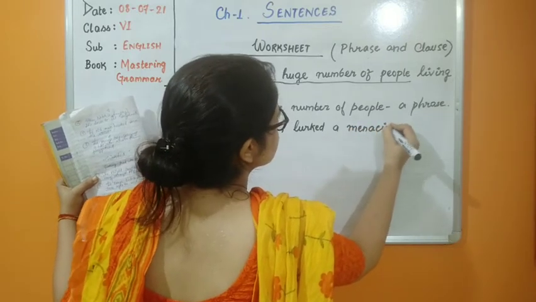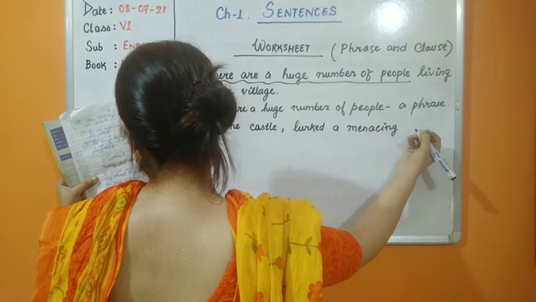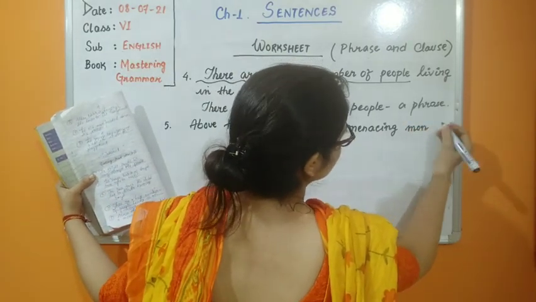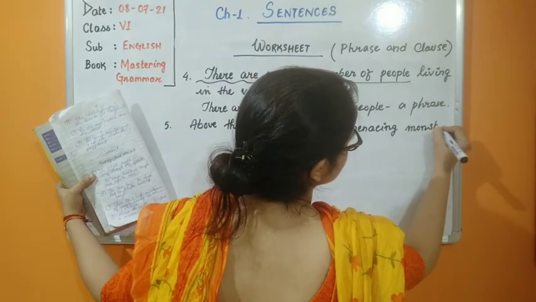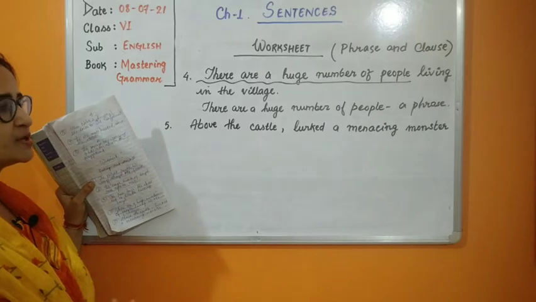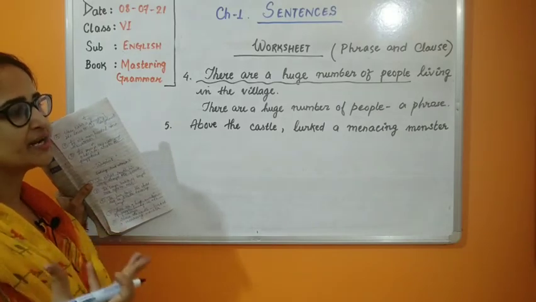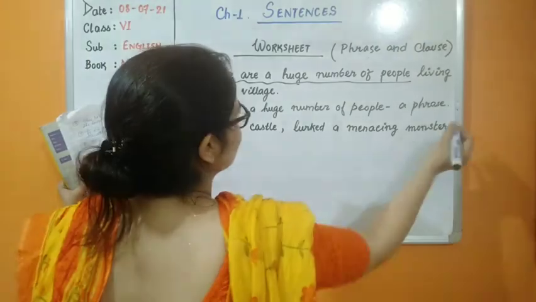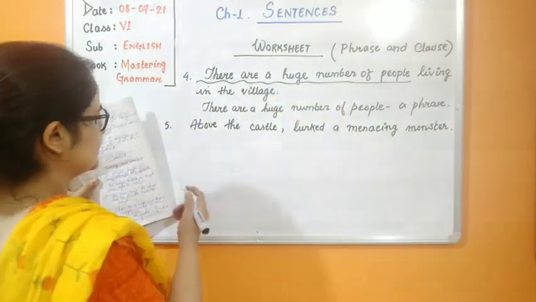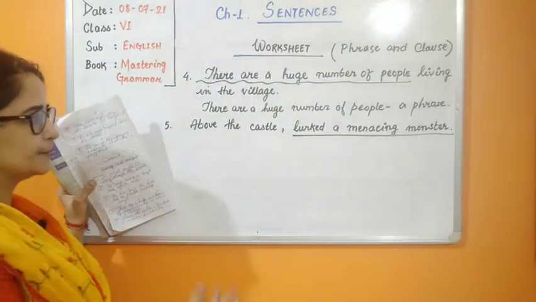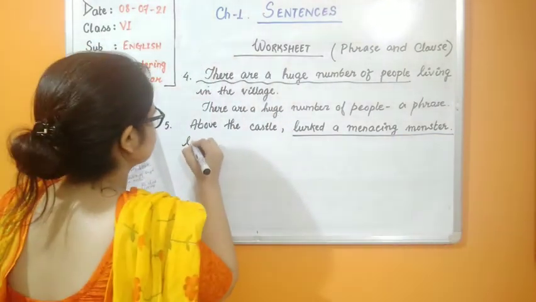Children, menacing means someone who creates trouble, who is dangerous. Some person or some animal which creates problem or trouble is a menacing monster. So a troubling or problematic monster. So these are the group of words that are underlined, and so we can see there is a verb.